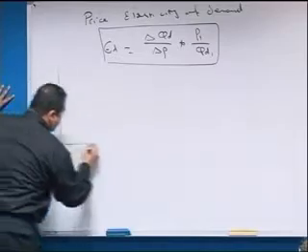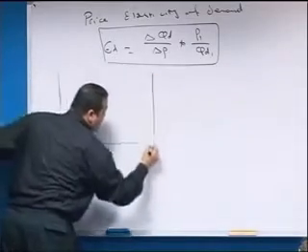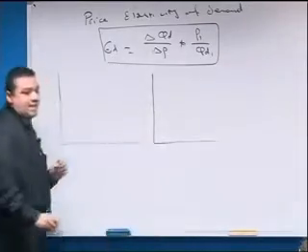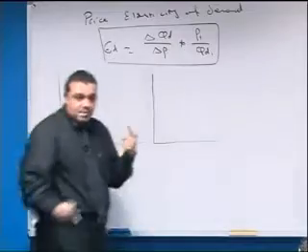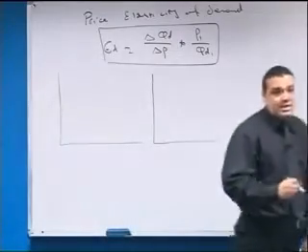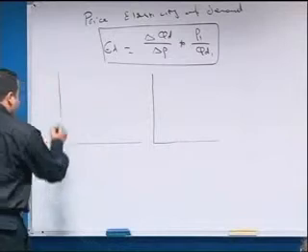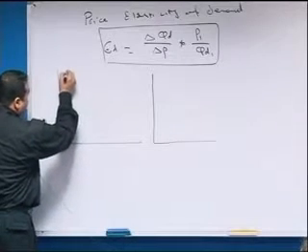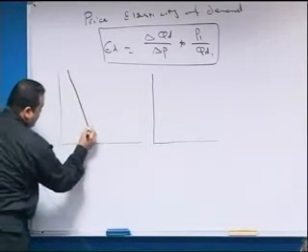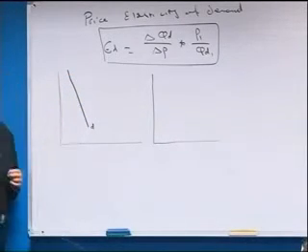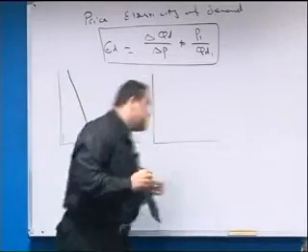Number one, when the demand curve is inelastic, elastic, perfectly inelastic, and unitary elastic. So number one, when the demand curve is inelastic, this is the demand curve. It's close to a vertical line.